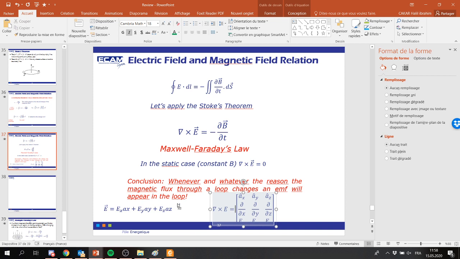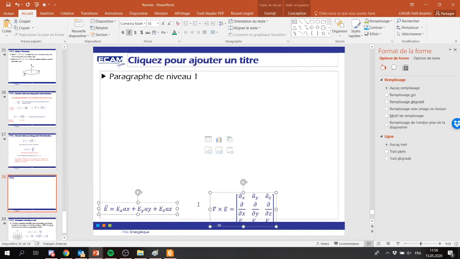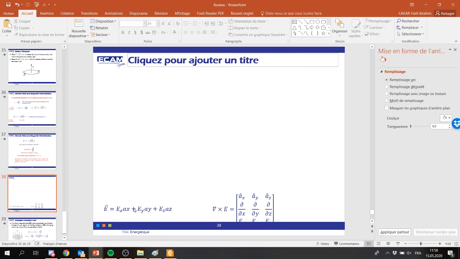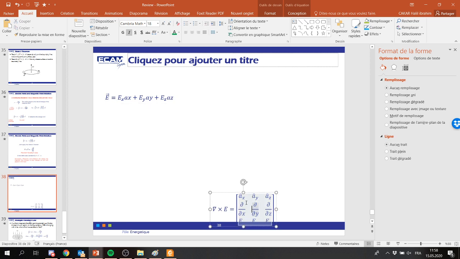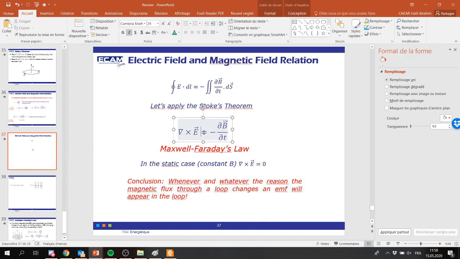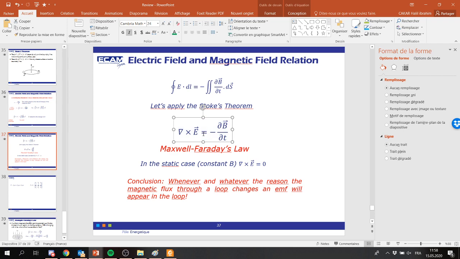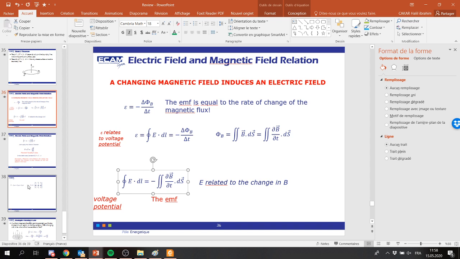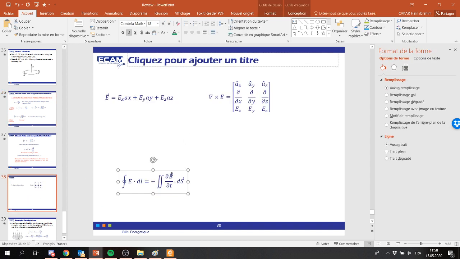Cut and paste, okay, it's here and it's here as well. So what we are willing to do is to apply, let's use this formulation instead because it will be more usable in our calculations, with the dl vector, and this result.